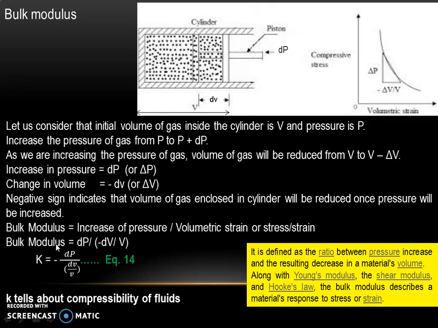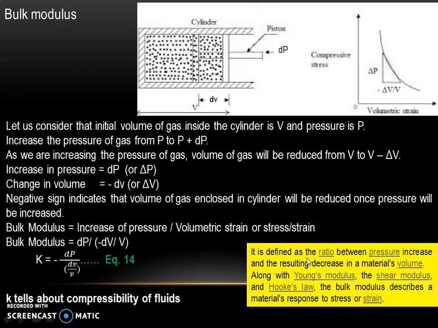So we write bulk modulus is equal to dP, that is increase in pressure, whole divided by minus dV by V, which is volumetric strain. And bulk modulus is denoted by K, which is equal to minus dP whole divided by dV by V.